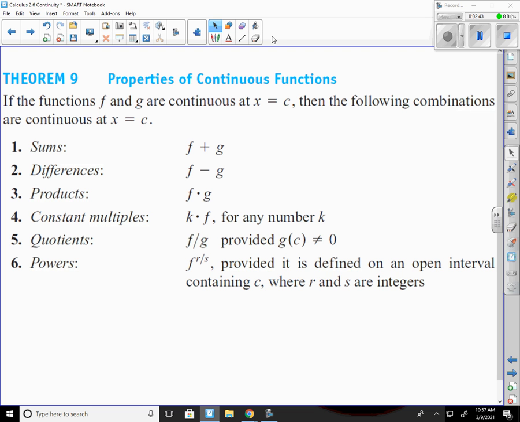I can divide them as long as the function on the bottom, in this case g of c, is not equal to 0. And I can take them to a power, provided that it's defined on an open interval containing c, where r and s are integers. In other words, I can't have r and s as fractions, and it has to be the interval that contains c.